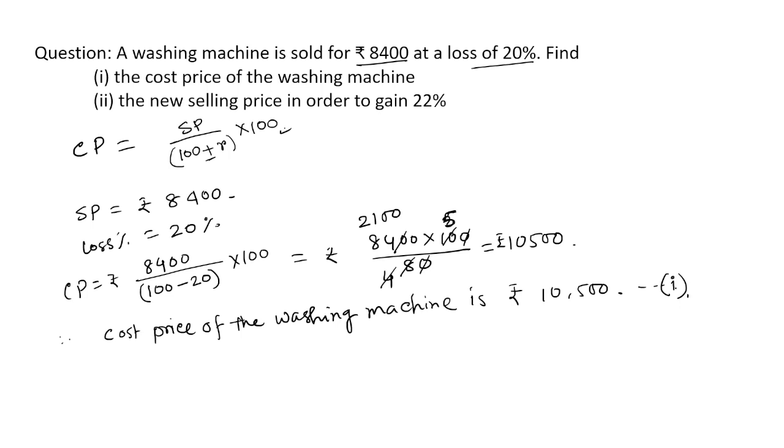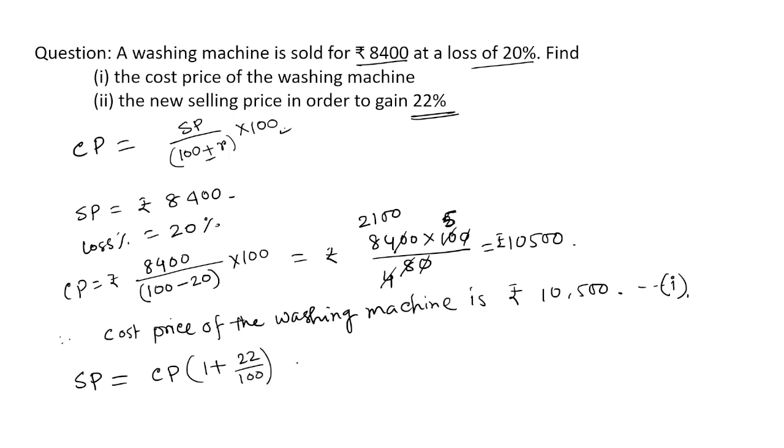Now the new selling price in order to gain 22%. Now he wants to sell it at 22% gain. So the cost price is now known, and to find the selling price it is easy. The SP is CP into 1 plus 22 by 100.